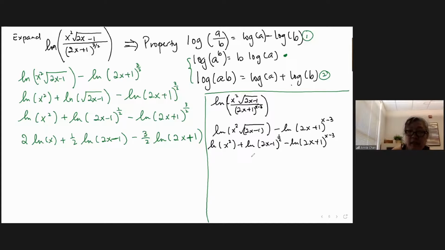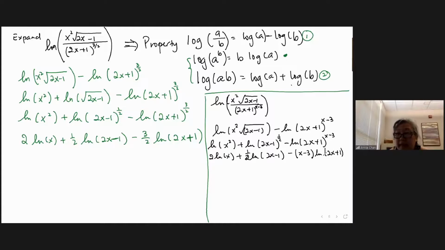So I can bring the exponent to the front. So it's going to be 2 natural log of x plus 1/2 natural log of 2x minus 1 minus x minus 3 natural log of 2x plus 1.